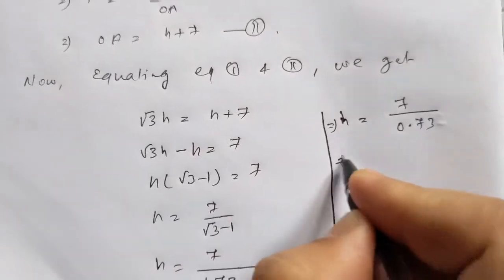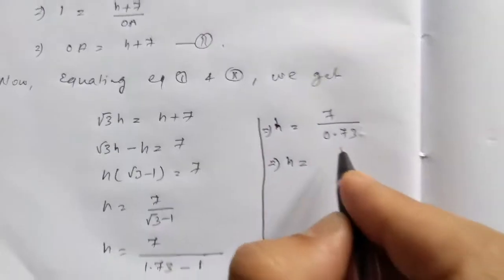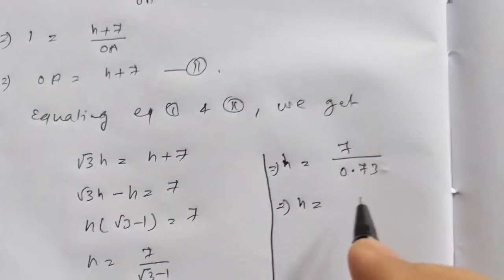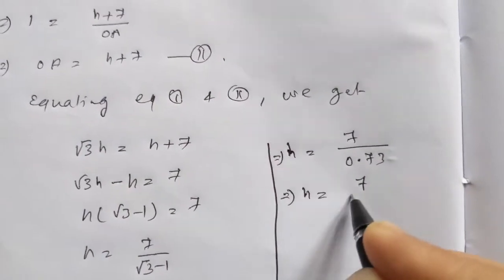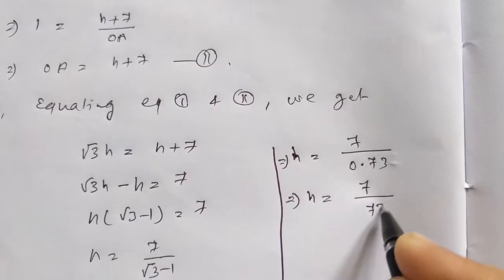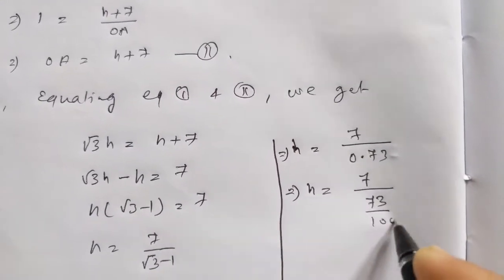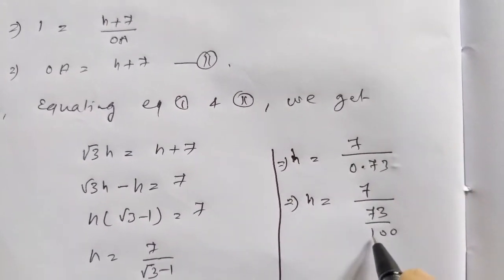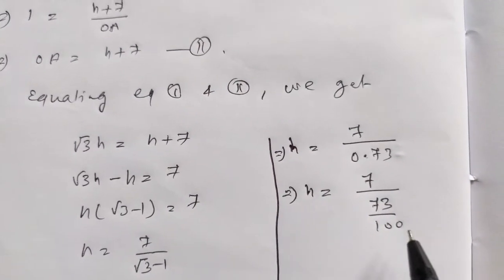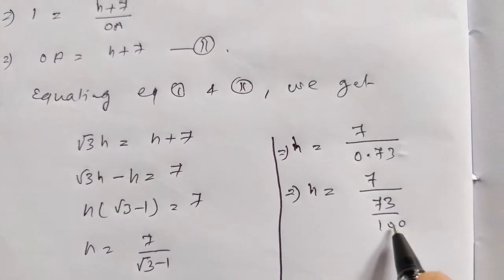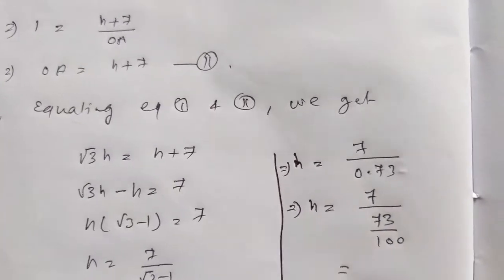So you have to divide 7 by 0.73. How to divide 7 by 0.73? You can write 0.73 as 73 by 100, and since there are two decimal places, I am putting the value 100.